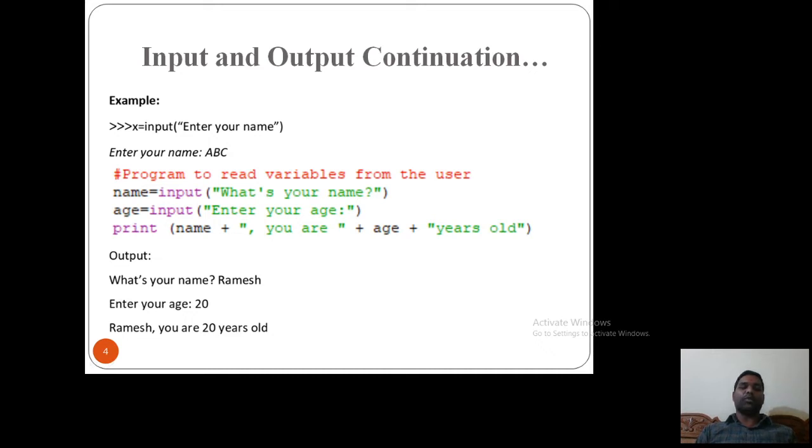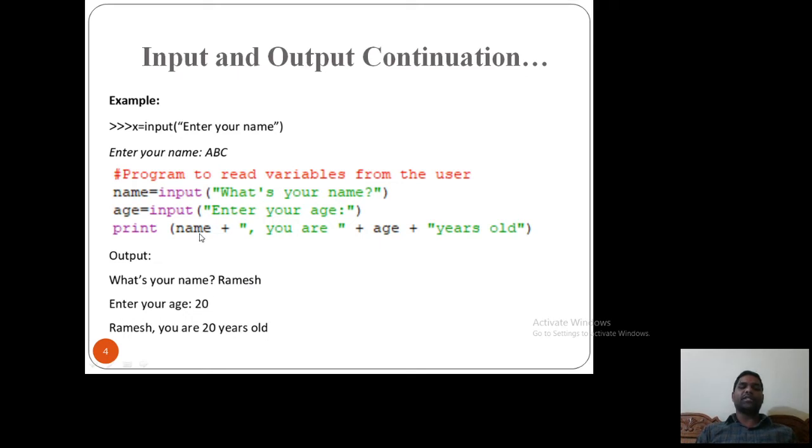So here is a simple program. I have two variables, name and age, and I am reading both in the format of string because I don't have any prefix like int or float. Input what is your name, so it will enter name, and input enter your age, that means the age of that particular person needs to be entered. So the output will be: what is your name, he will enter Ramesh, and enter your age, he will enter the age as 20.